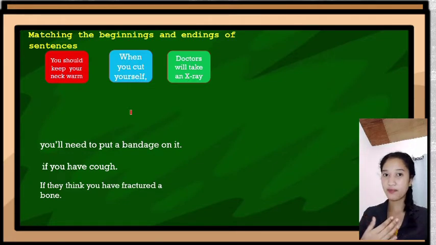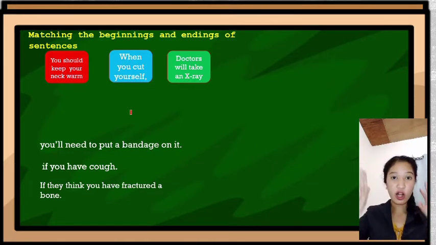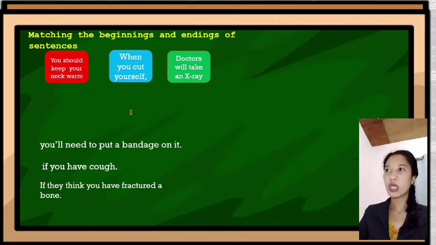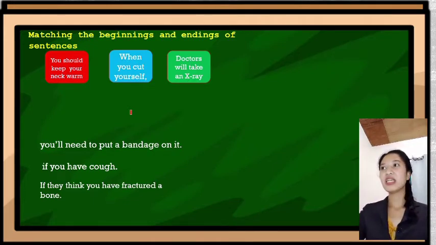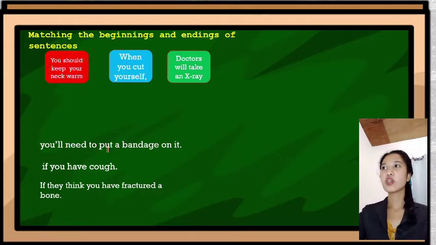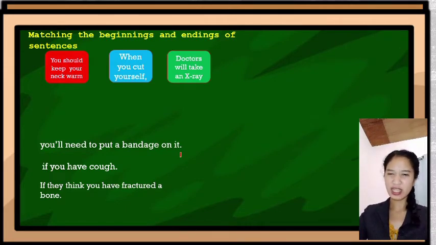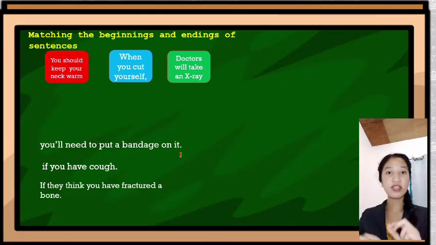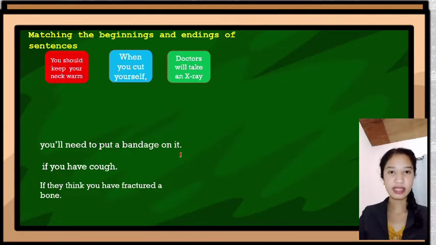You should create a scenario in your head, broaden your mind, and put in a literal situation. In these three options below, you have to choose. So let's see. You should keep your neck warm. In this first option, you need to put a bandage on it. So, does it fit the first sentence, or does it correspond to the second sentence?